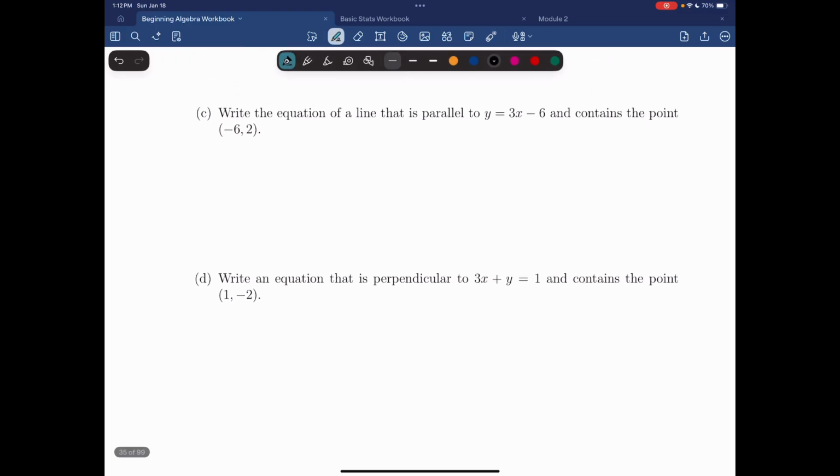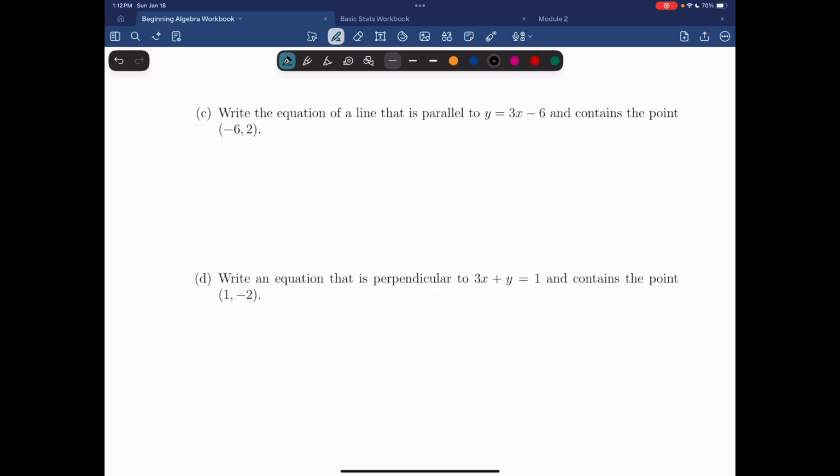Alrighty. Example number C, we're asked to write the equation of a line that is parallel to y equals 3x minus 6, and it needs to contain the point (-6, 2). Well, recall that parallel lines have the same slope.